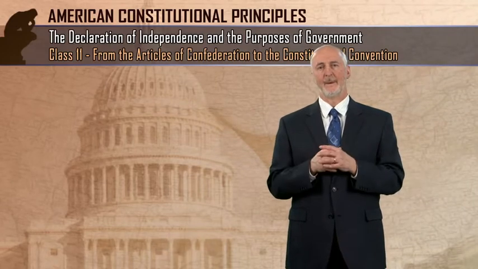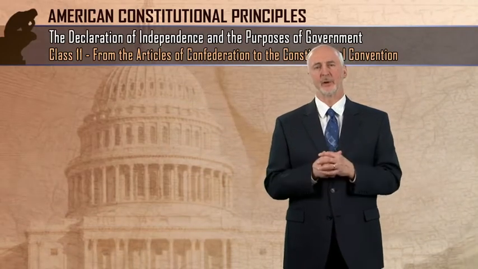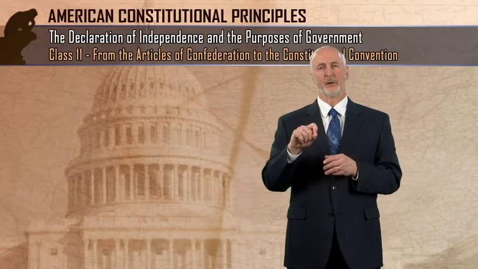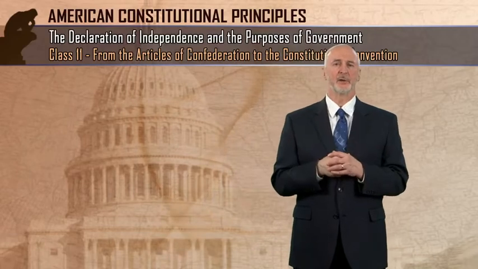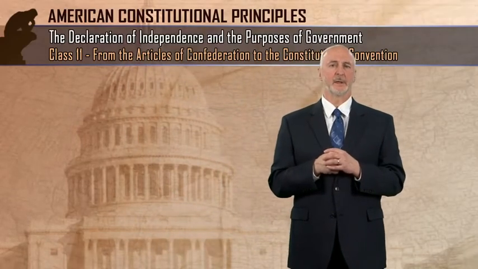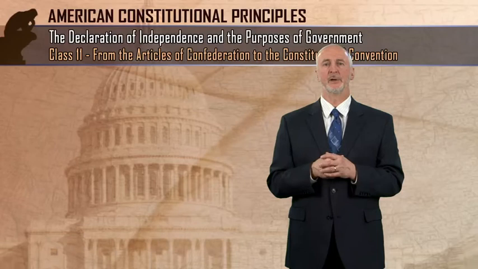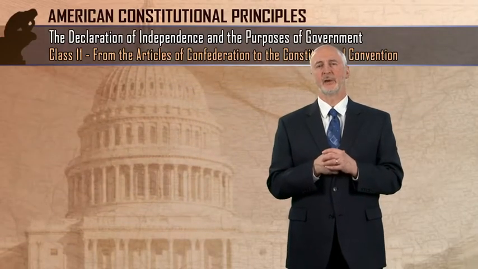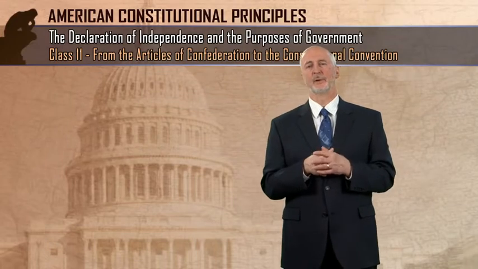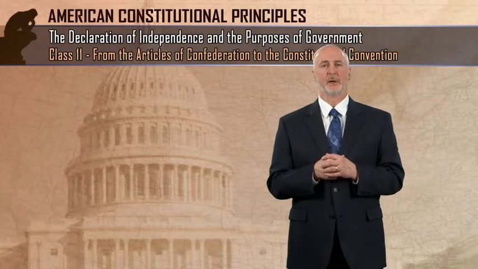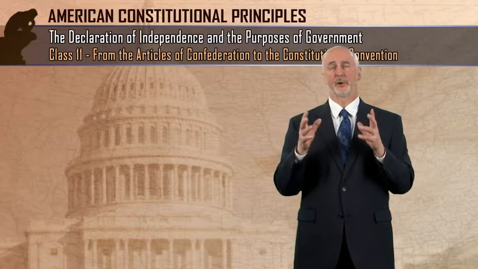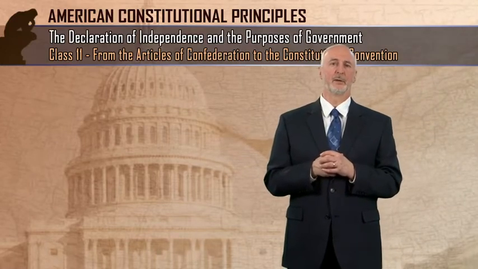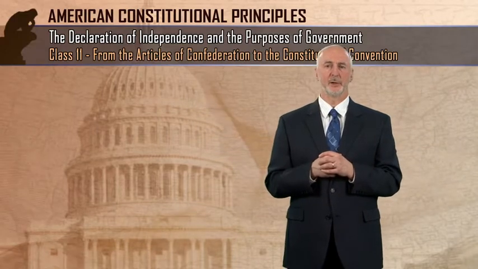It's not voting proportionate to population. Each state has one vote, and under the Articles, in order to ensure that a bare majority couldn't ram things through, normally it required 9 states in order to approve some resolution or a piece of legislation, although in some ways legislation might be a strong word for what the Articles of Confederation could do.